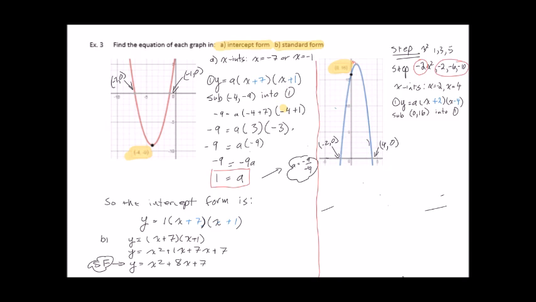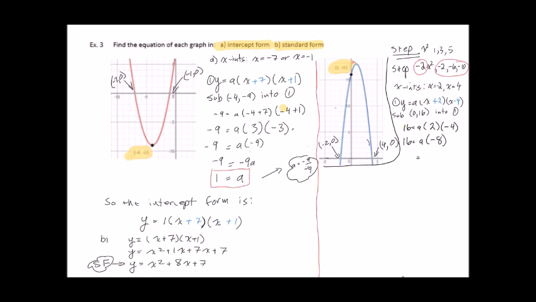So now you're going to get 16 is equal to a times, well, 0 + 2 is just 2, and 0 - 4 is going to be -4 when you substitute that in. So now we're going to simplify, and we end up with 16 is equal to a times, well, -2 times -4 is going to be -8.